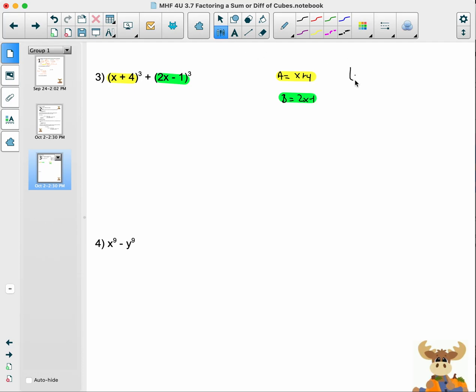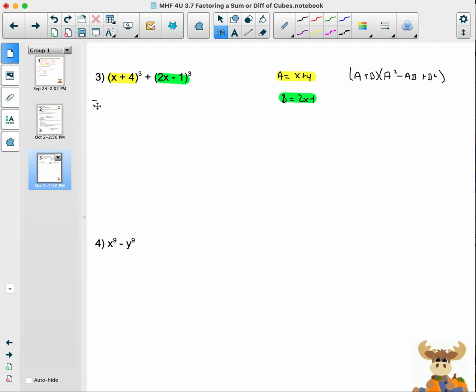And I'm going to remember that my pattern is A plus B, A squared minus AB plus B squared. Let's just try that all over again.